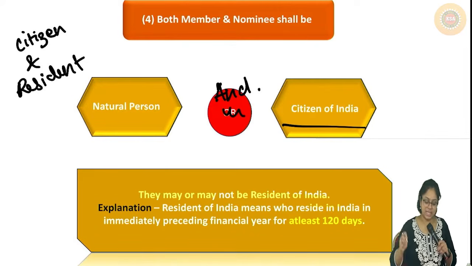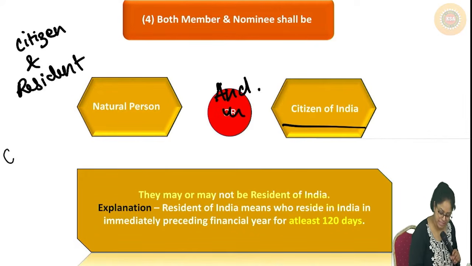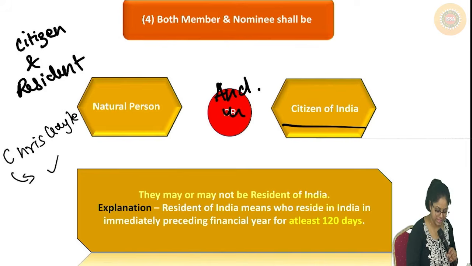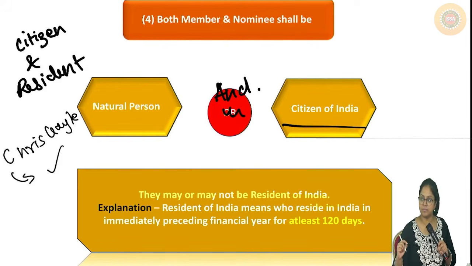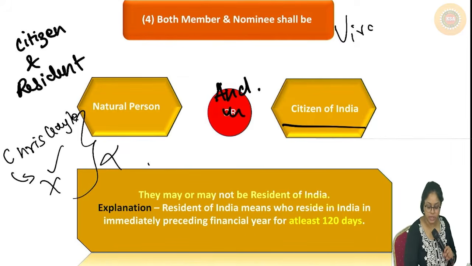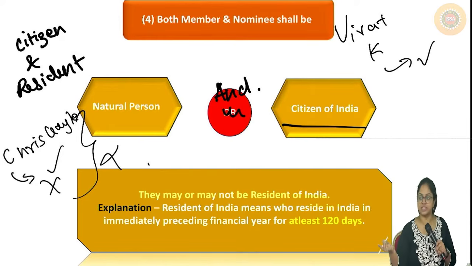So let's say, for example, Chris Gayle has not been in India last year at all. Is he a natural person? Yes. Is he a citizen of India? No. Can I have him as my nominee? No, I cannot. But let's suppose Virat Kohli. Is he a natural person? Yes. Is he a citizen of India?